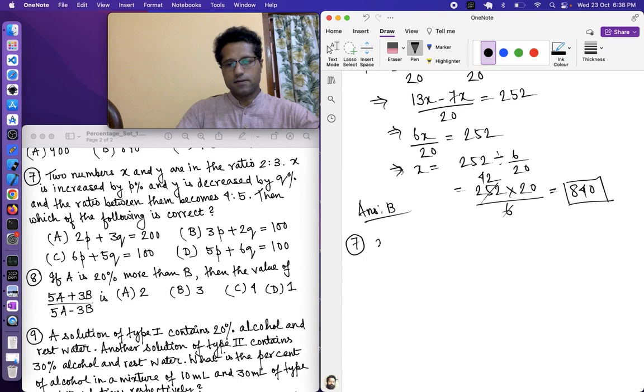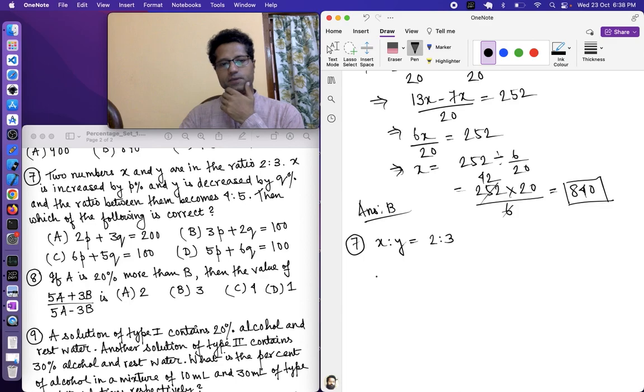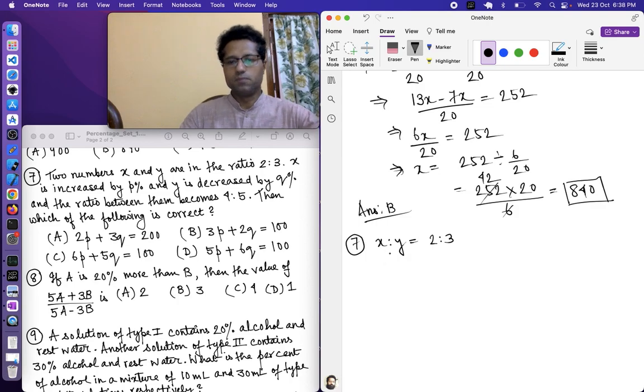So it is given that x is to y is equal to 2:3. And it is given that x is increased by p% and y is decreased by q%.